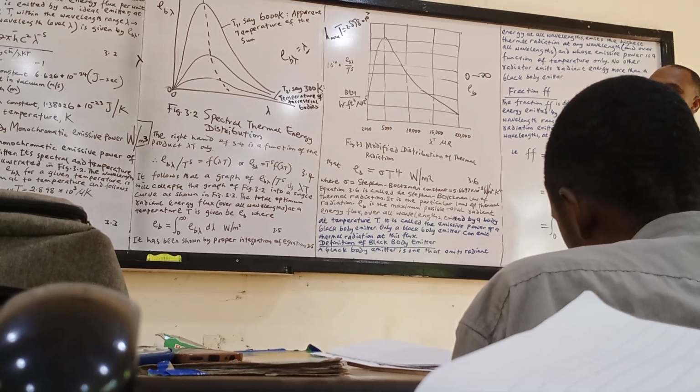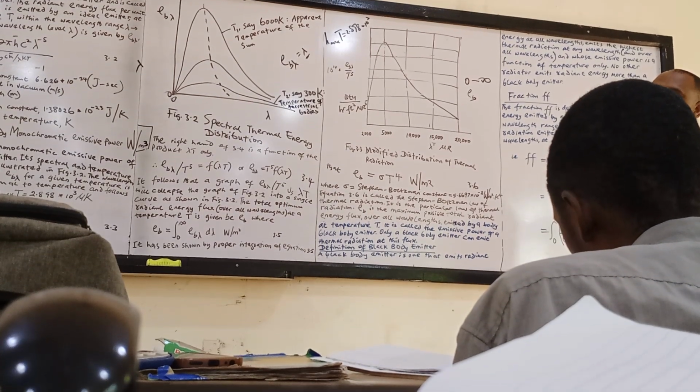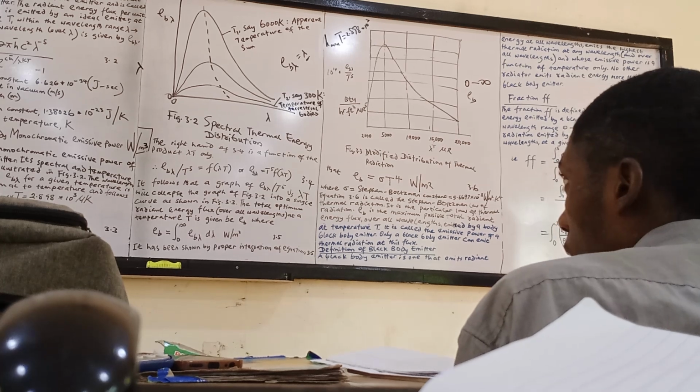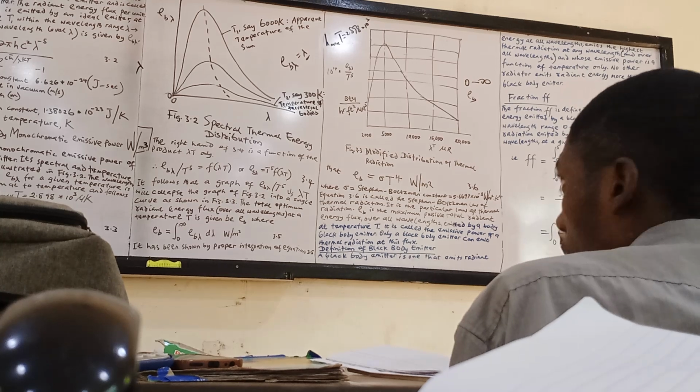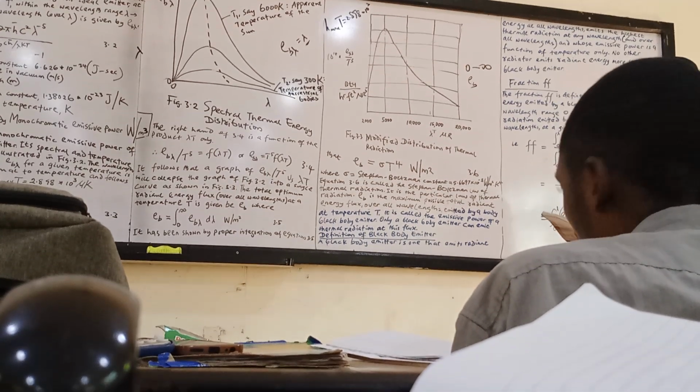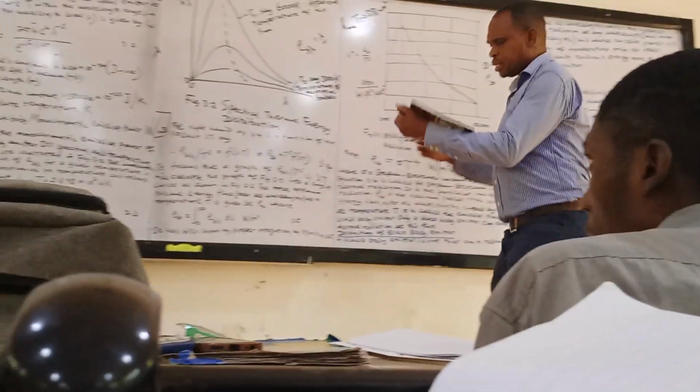Now we will define what a black body is, that is, define a black body emitter. Before we define a black body emitter, let me write this.